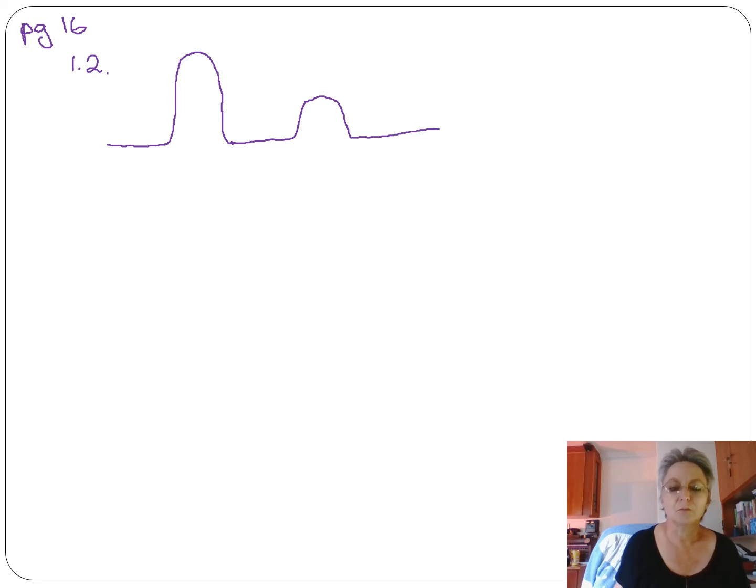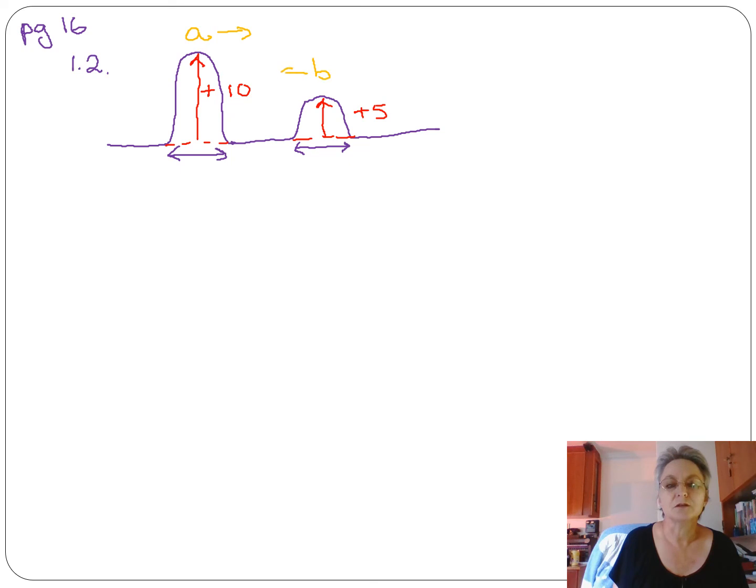I bet if you count the blocks for the width of the pulse, those widths would be the same. So when you draw this in your book, the pulse widths should be the same. And this one's amplitude is 10. And this one's amplitude is 5. So pulse A is moving to the right, pulse B is moving to the left.